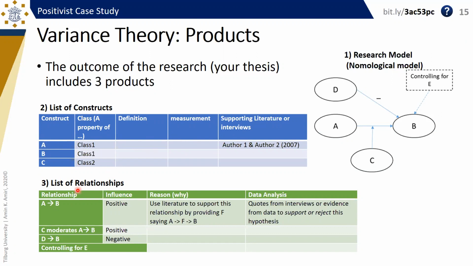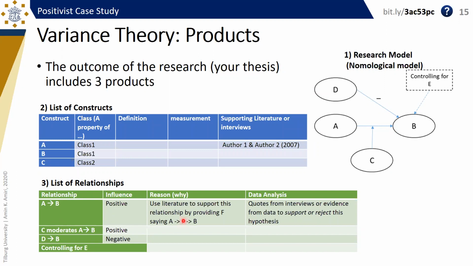Then you also need to create a list of relationships, a table of relationships. You see that there is an A and B here, then there is an arrow here. For each arrow, you must have a row here. And you would say that the influence of A on B is positive here. You try to use literature to provide support for this relationship.